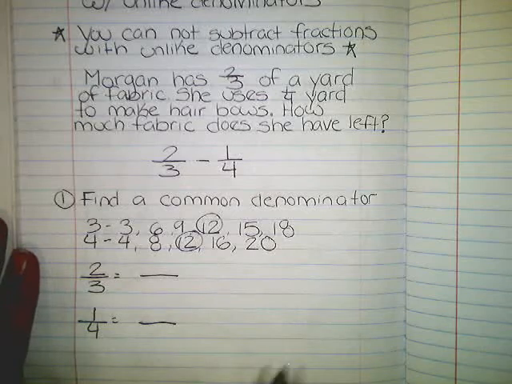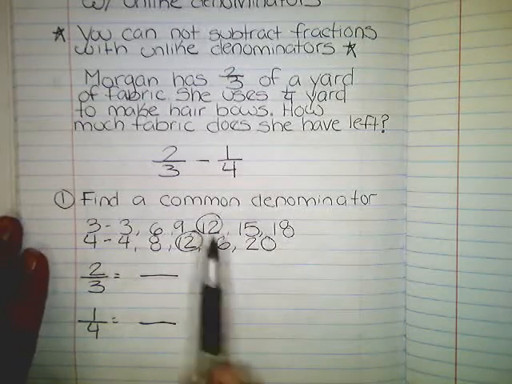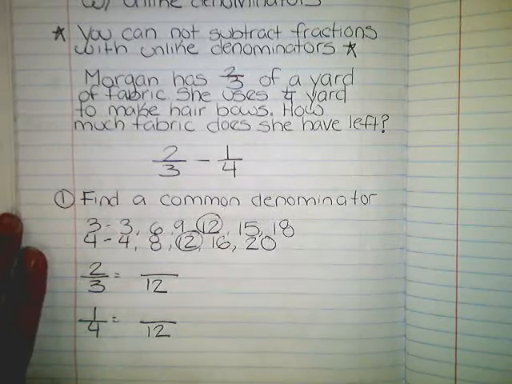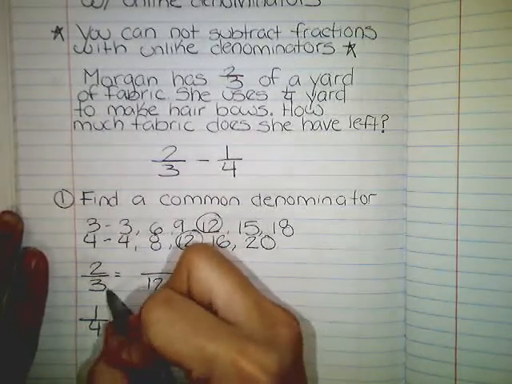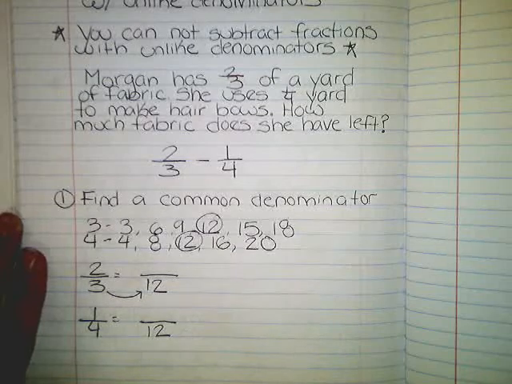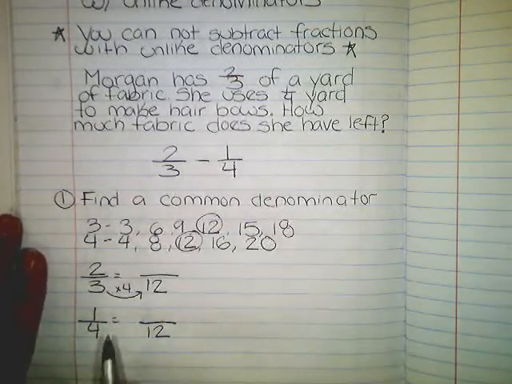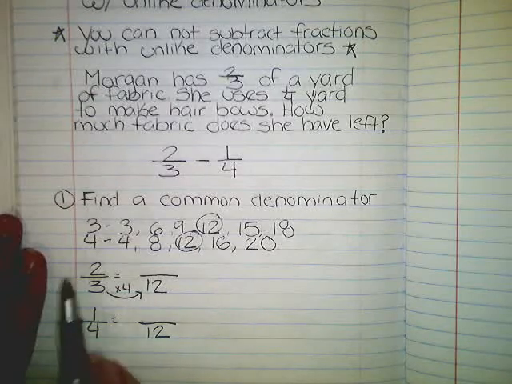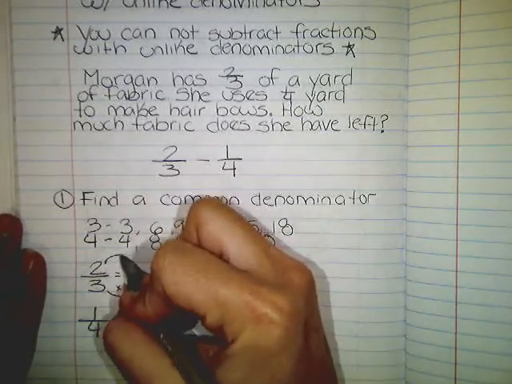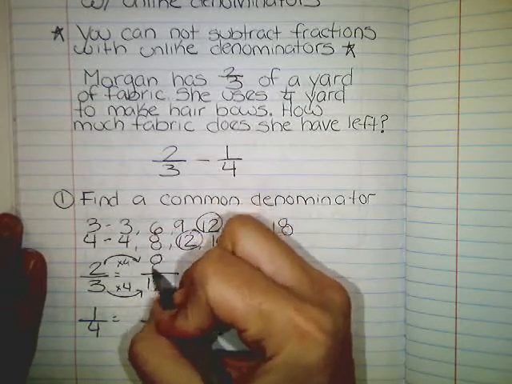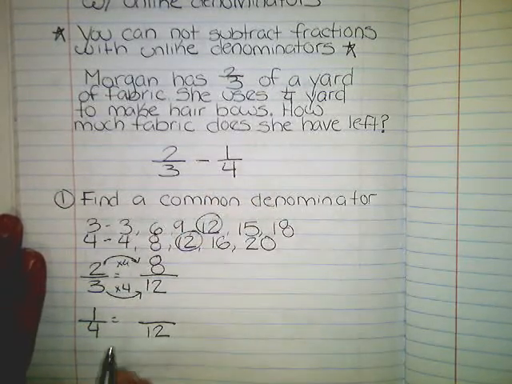We decided that the common multiple they have is 12. And now you have to think to yourself, how do I get 3 to 12? 3 times 4 is 12. Whatever I do to the bottom, I gotta do to the top. 2 times 4 is 8. Same thing with 1/4.